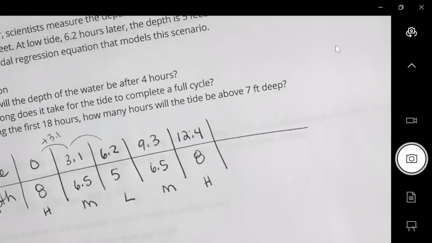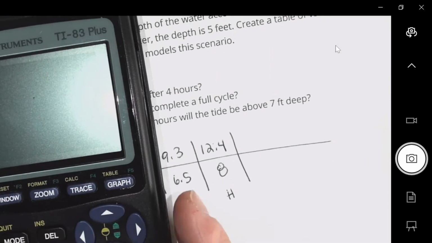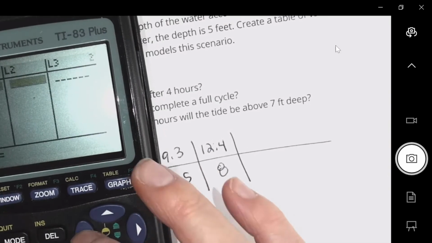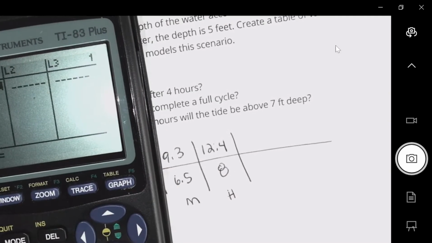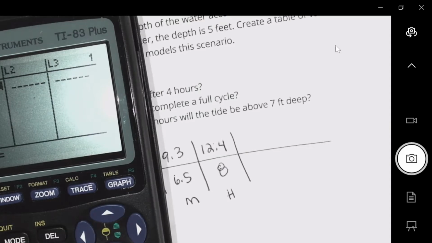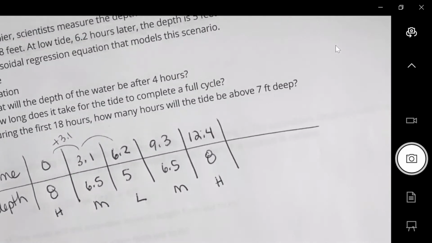Okay, you ready? Let's try doing our calculator stuff that we've been doing. Stat edit, clear. Okay, can you put your table in there?